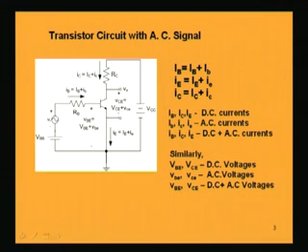This is the symbolic representation for the instantaneous currents iB, iE and iC, where the capital notation is used for the DC part and the small notation is for the AC part. So, what we see here is that when we apply a small signal, apart from the DC biasing voltages, there will be current flowing in the circuit which will have two components.